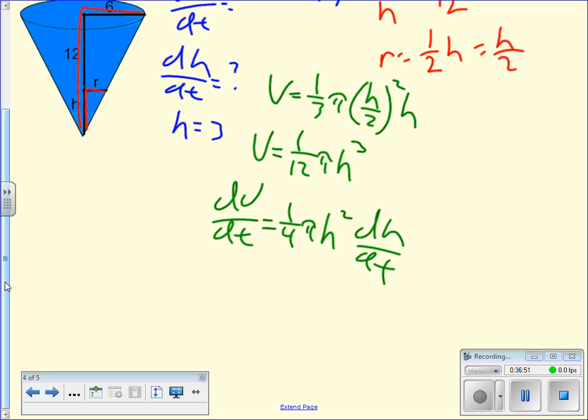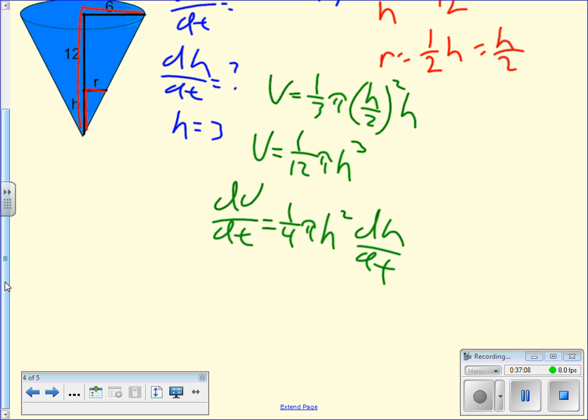What are we looking for? dh/dt. What do we know? h is 3, and dV/dt. You have 3 things in there, you know 2 of them, find the third. I mean, how hard is that?